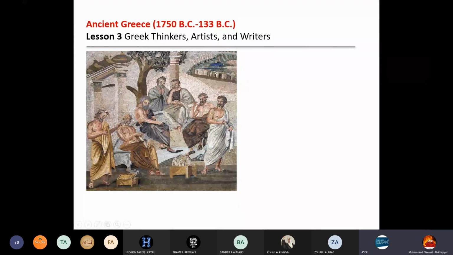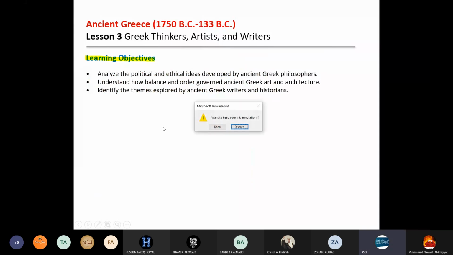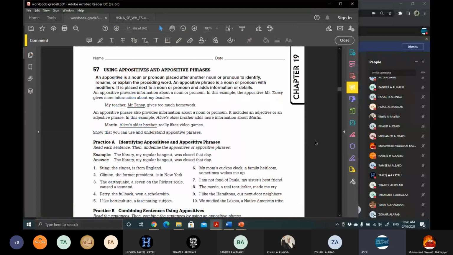So here down there you have a pen, a highlighter, a laser point, and of course some colors to use. Highlighter, that's gonna be great. Learning objects, for example. And it's an awesome tool actually. So page number 57, using apostrophes. I wish it had a trail. Oh, okay. I'll teach you.